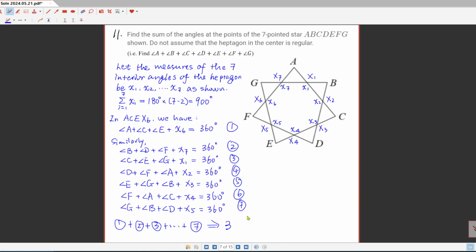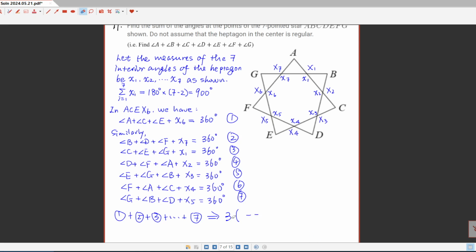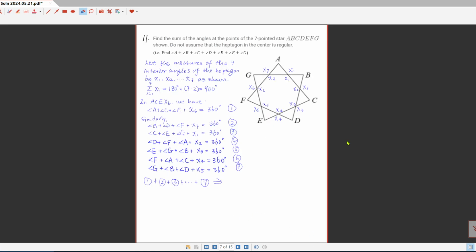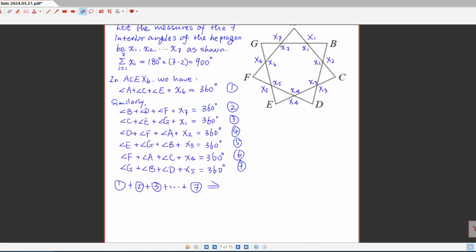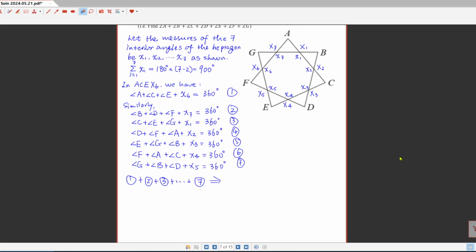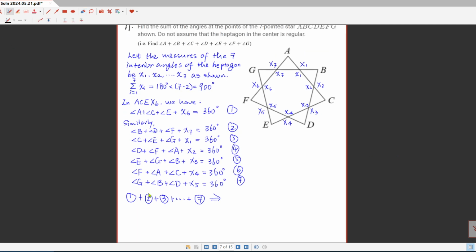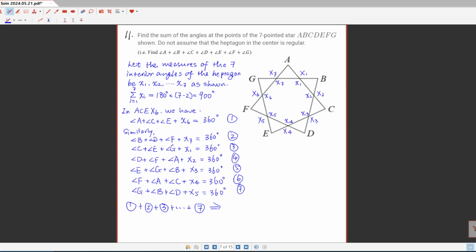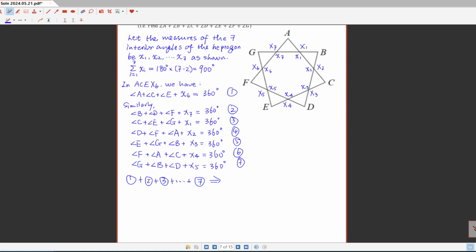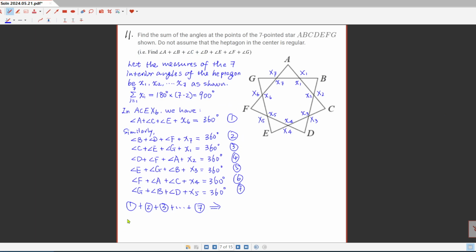So the left side becomes 3 times angle A plus angle B plus angle C plus angle D plus angle E plus angle F plus angle G, right? Then the sum of x1 to x7, right?